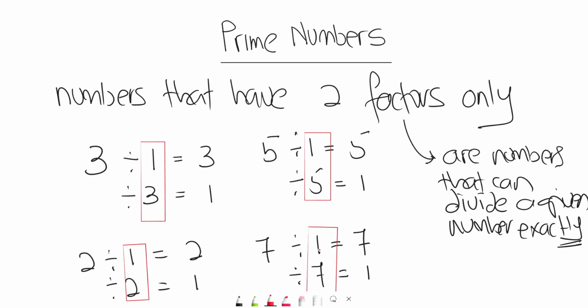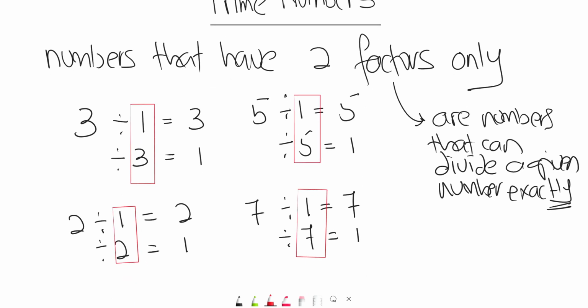So these numbers that I have just listed, they have two factors only, right? So by definition, if any number has two factors only, then that number is known as a prime number. Okay, so in this case, 2, 3, 5, and 7 are prime numbers.